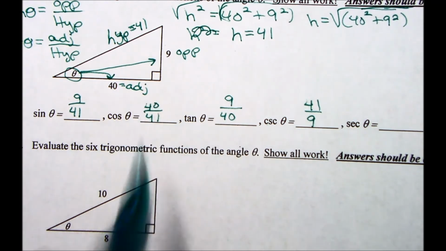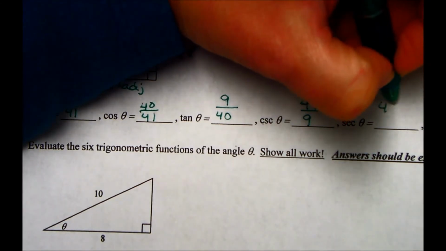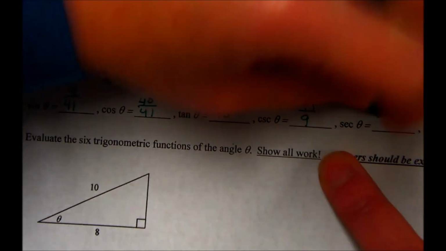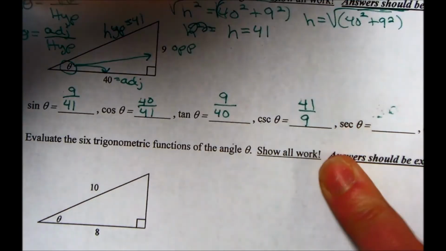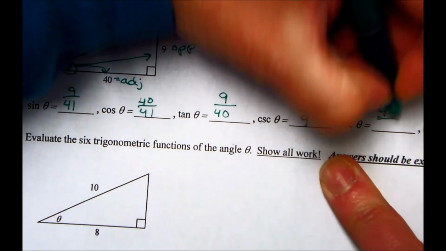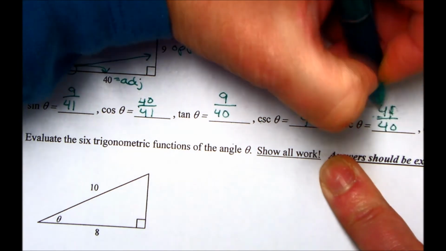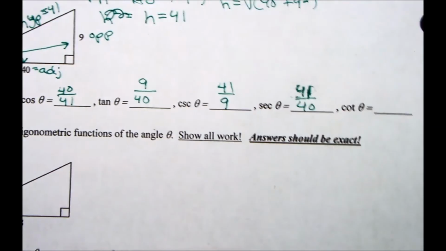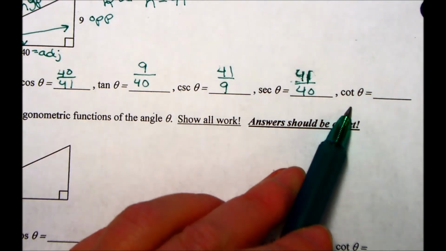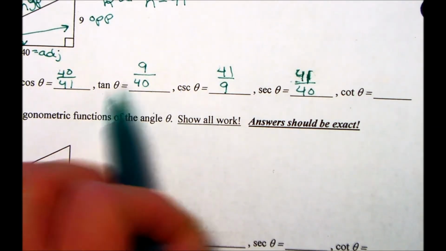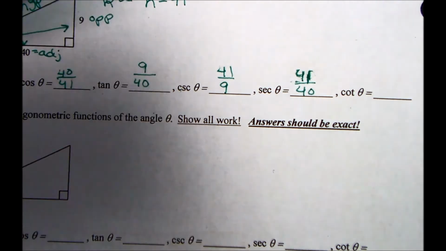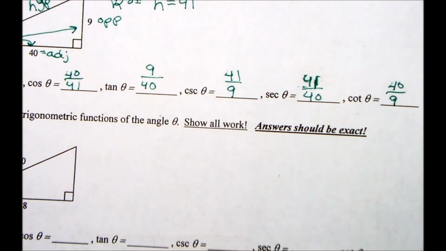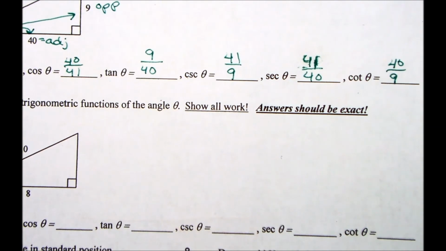So if I flip that one, I get 41 over 40. And then your cotangent is the reciprocal of tangent. So when we flip that, we get 40 over 9. So that one isn't too bad. Let's try the next one.